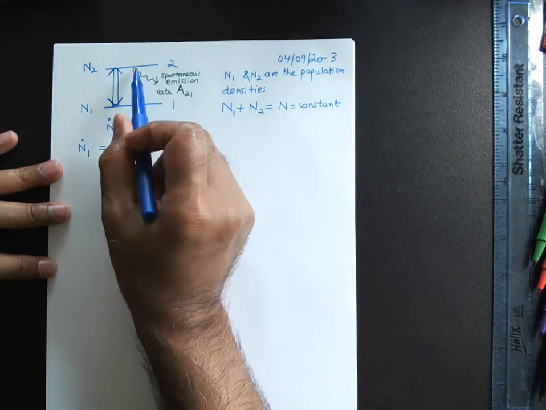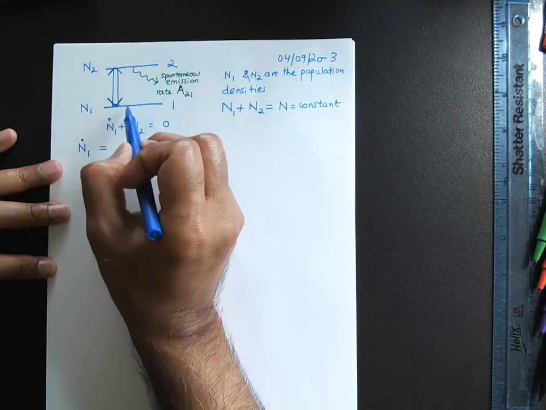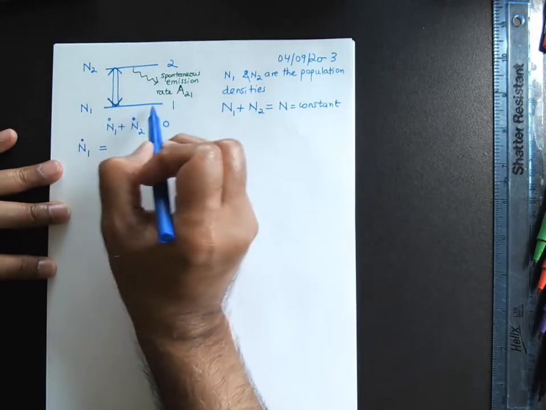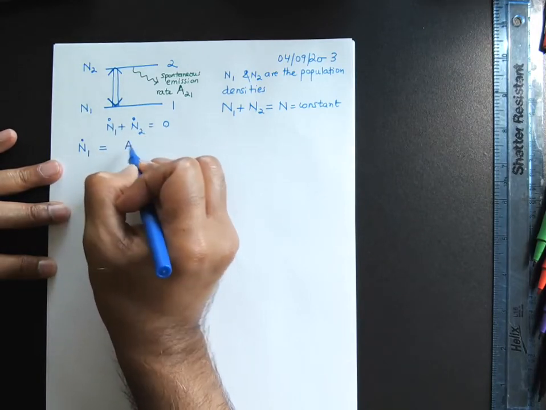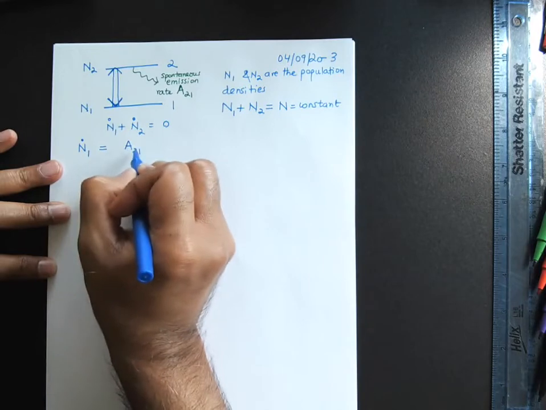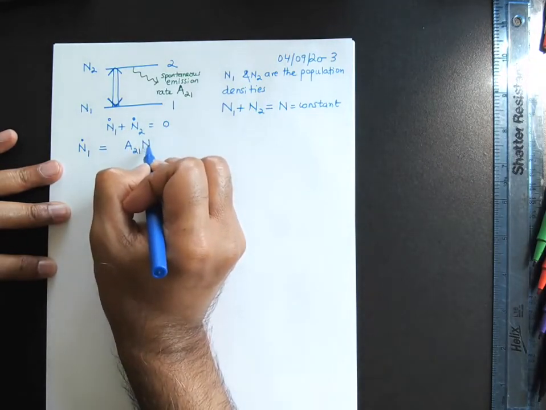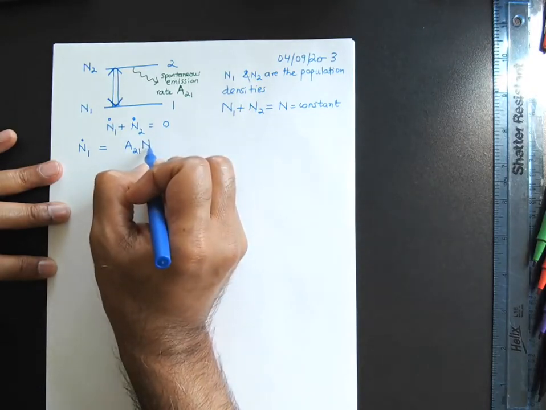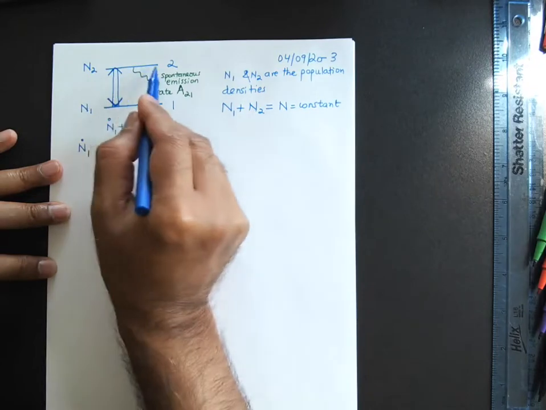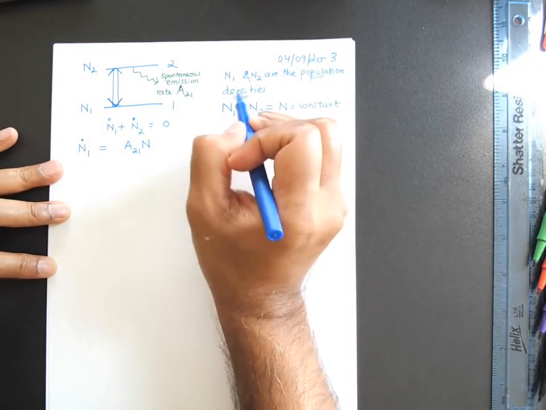Every time you have spontaneous emission, the atom jumps to the ground state. That's an increase in the population of the ground state. So the spontaneous emission rate multiplied by the atomic density, the number of atoms per unit volume in level 2. Now, these are population densities, but sometimes it just helps to think of them as numbers.